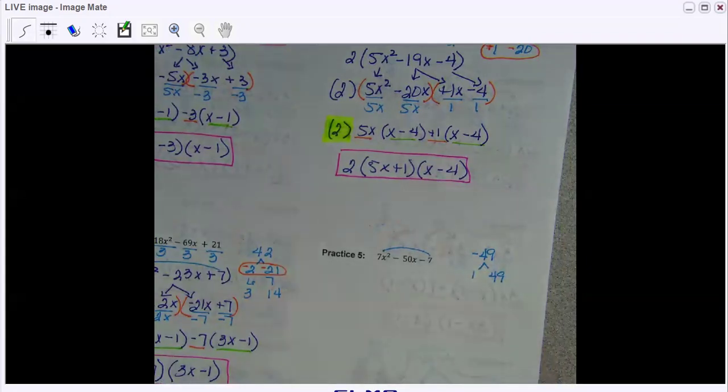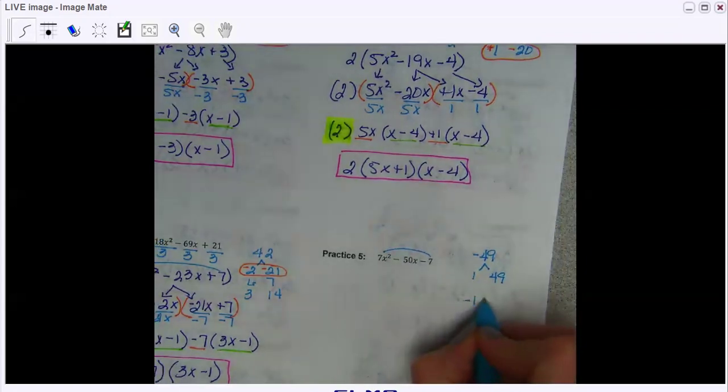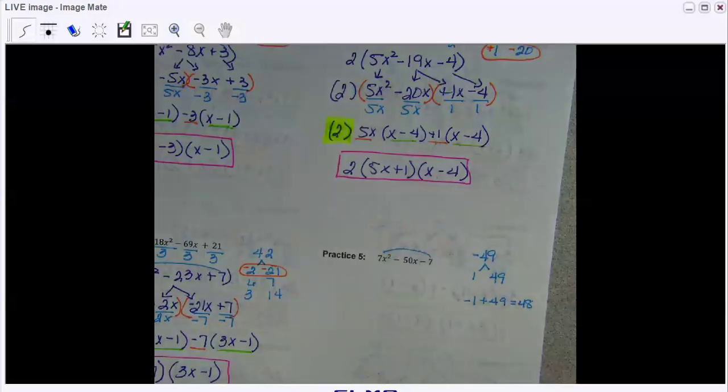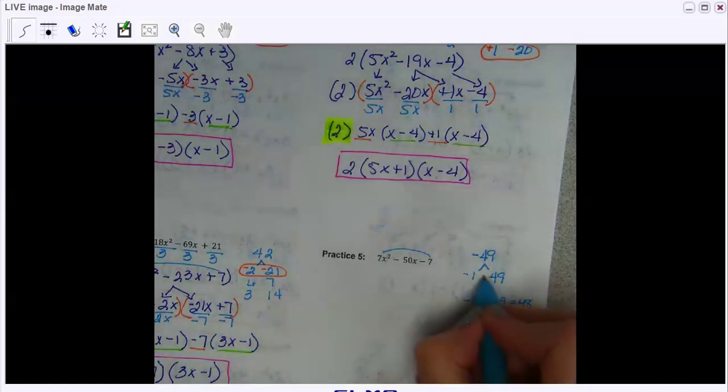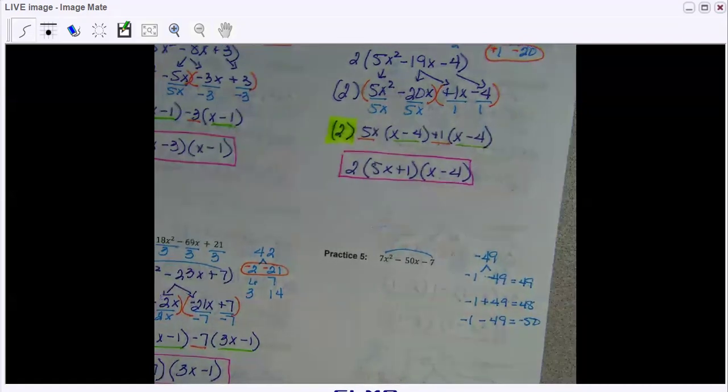One would have to be negative. So if I take negative 1 plus 49, I get a 48. So negative 1 minus 49 gives me a negative 50, but negative 1 times a negative 49 gives me a positive 49.